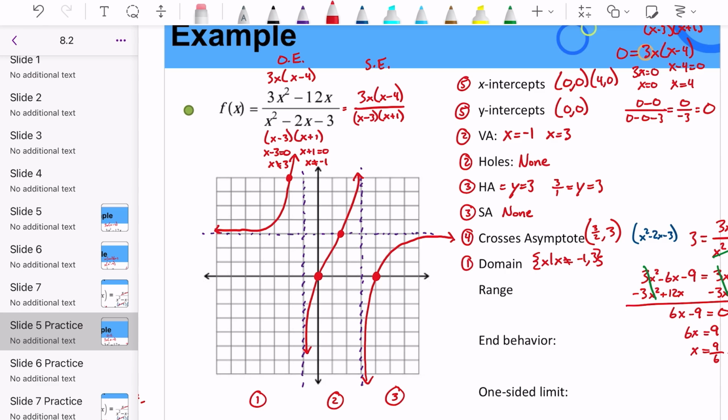that into consideration. Our horizontal asymptote is 3, which would usually mean that our range would not include the y equals 3, but we have a cross.